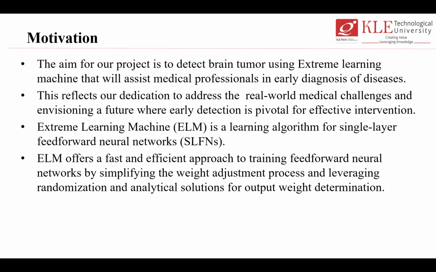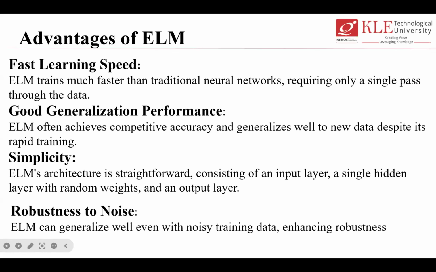Basically, an extreme learning machine consists of three layers. There are many other deep neural networks, but one lacking factor is the large number of hidden layers. We try to implement this concept of identifying brain tumor using an extreme learning machine, which has only one hidden layer.